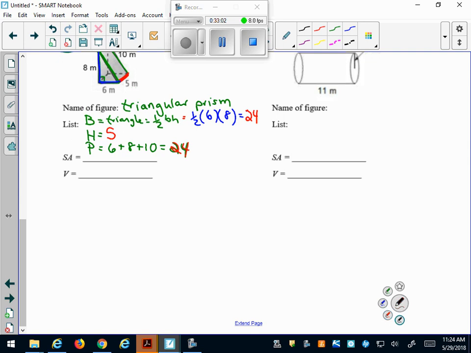We're going to plug into our surface area formula. Surface area is PH plus 2B. We have our values now. Perimeter is 24.